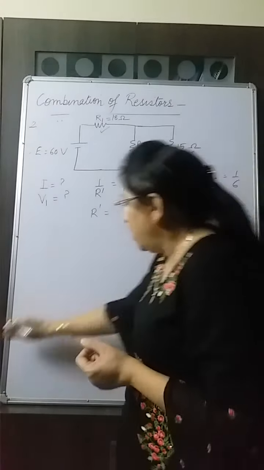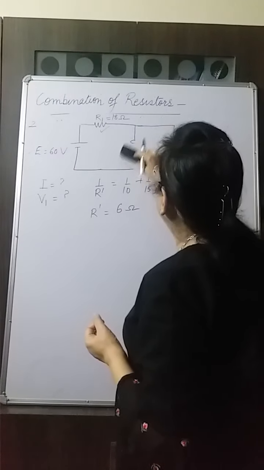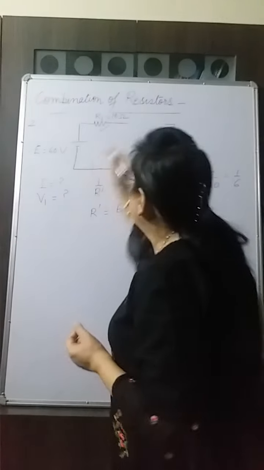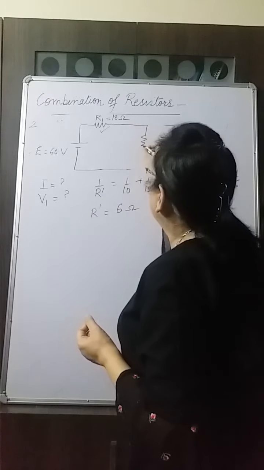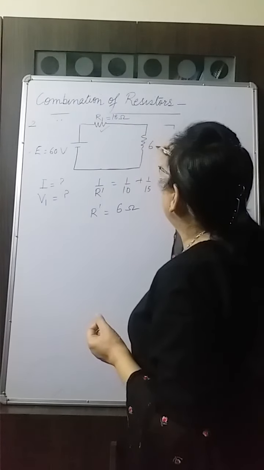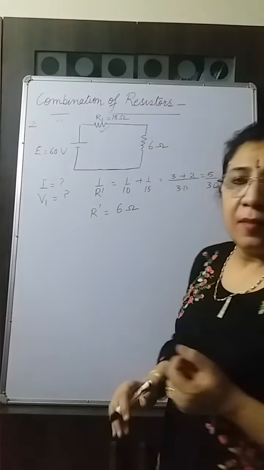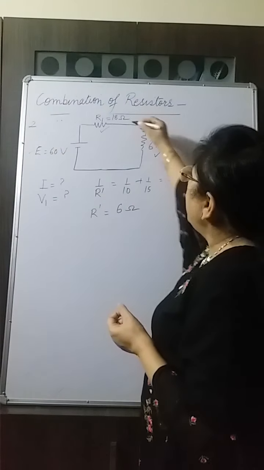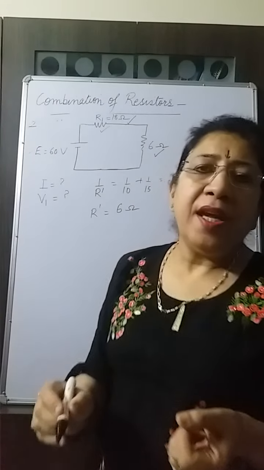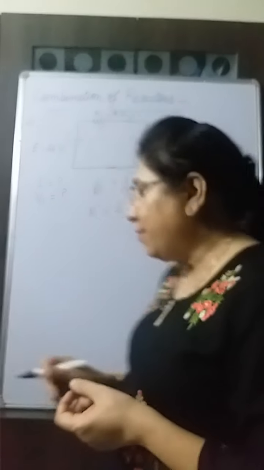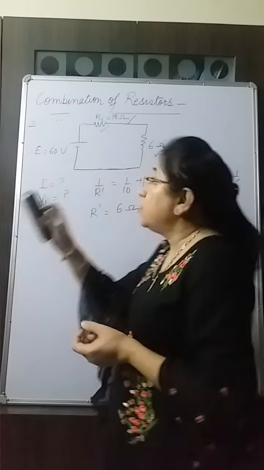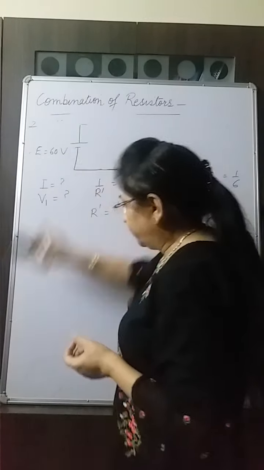The circuit now reduces to this, now we have 6 ohm here. Now this 6 ohm and 18 ohm are again in series. So we can add them up and 18 plus 6 is 24.